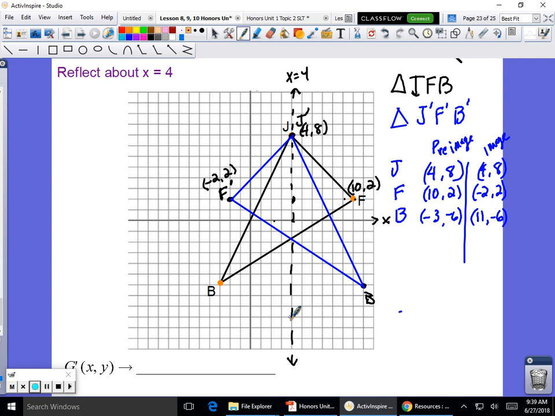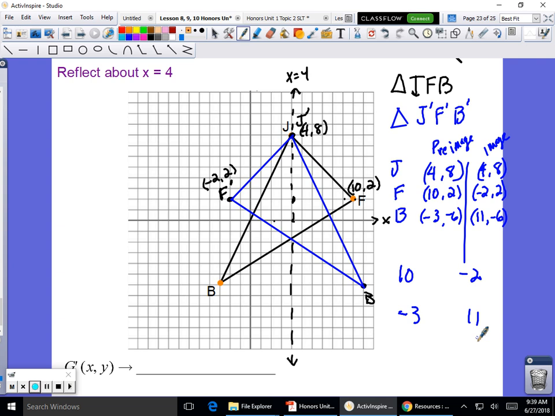But how did they change? Here, it didn't change at all. It was on the line of reflection, and it didn't change at all. How did I get, though, from 10 to -2? How did I get from -3 to 11? All right, I want you to think about that.